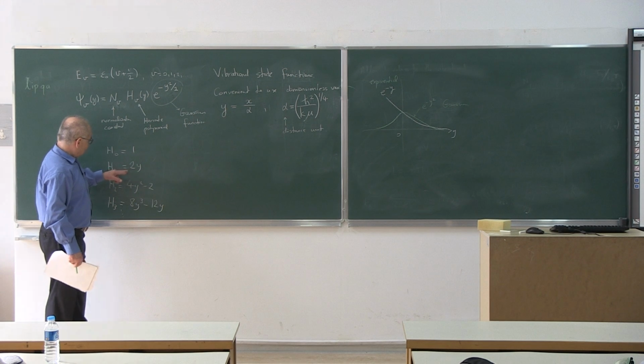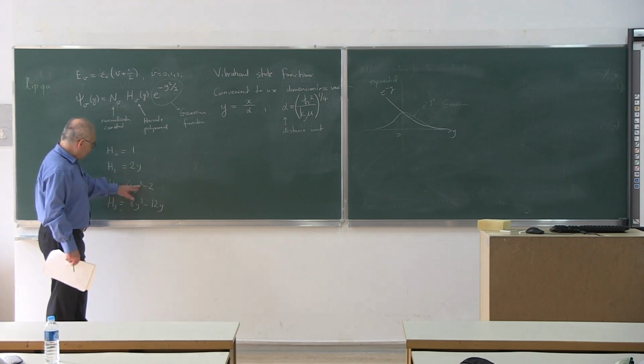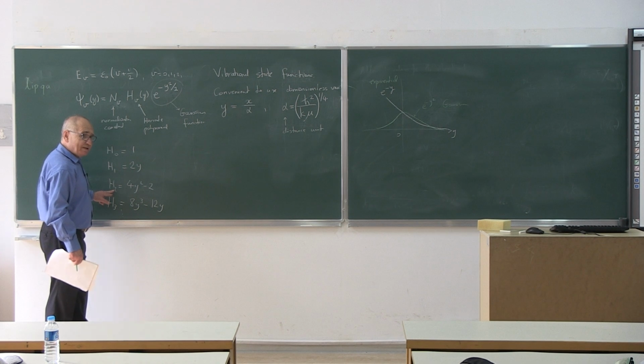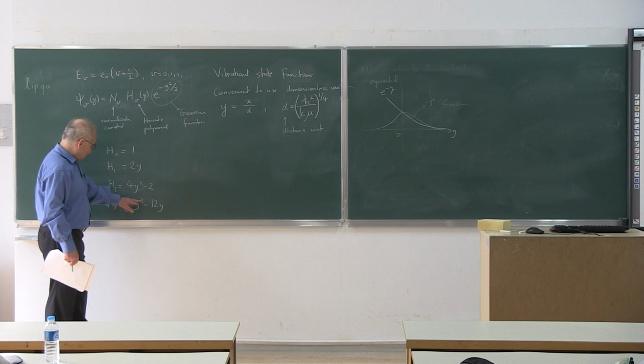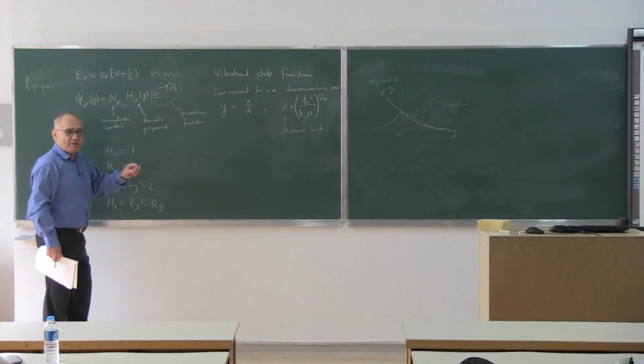What is the highest power in the polynomial? In the first one, highest power is 0. In the second one, highest power is 1. In this one, highest power is, for y, what is it? 2. You see, highest power in the polynomial is the same as this index. Same thing is true here. Highest power is 3. This is a general property.